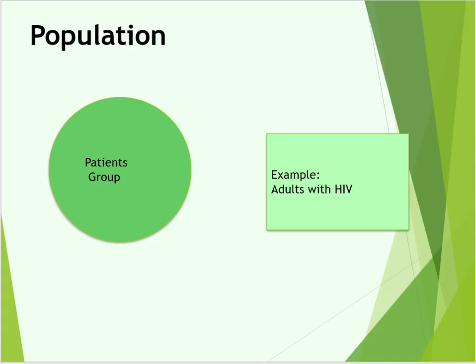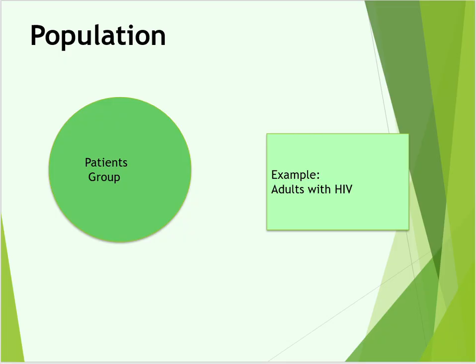We have different types of population. For example, those delving in medical research, biomedical research, most of the time you'll find that our population is a particular group of patients, maybe with a particular disease. For example, you can have adults who are infected with HIV as your study population.